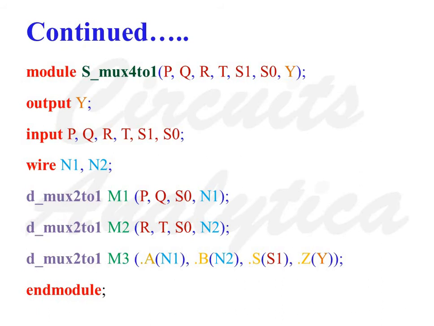The module name of the component which we are going to use is D_MUX221. M1 is the label for the first multiplexer.